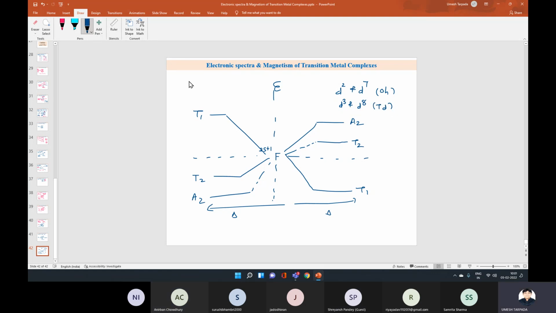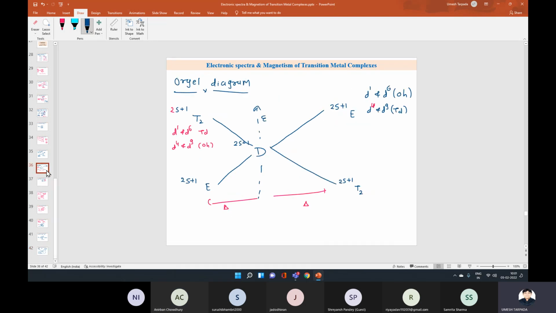Similarly here D2 and D7 tetrahedral, and D8 and D3 octahedral. Yes, it's octahedral. So this is a common diagram for F term, and this is the common diagram for D term. Okay, so now it is clear it is not related with the crystal field splitting diagram for octahedral and tetrahedral type arrangement.